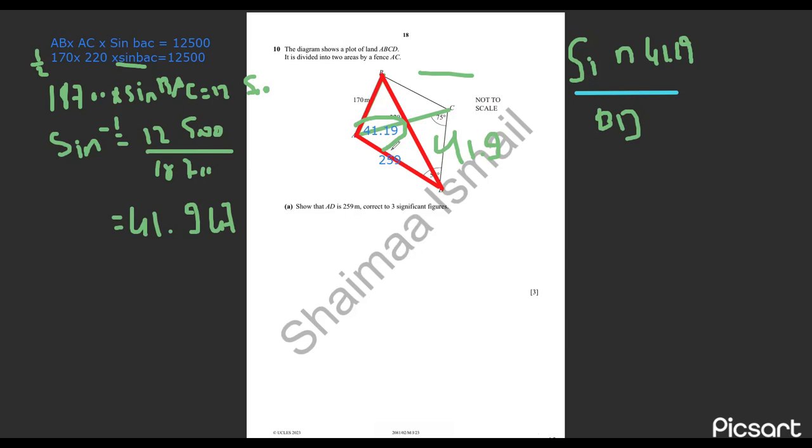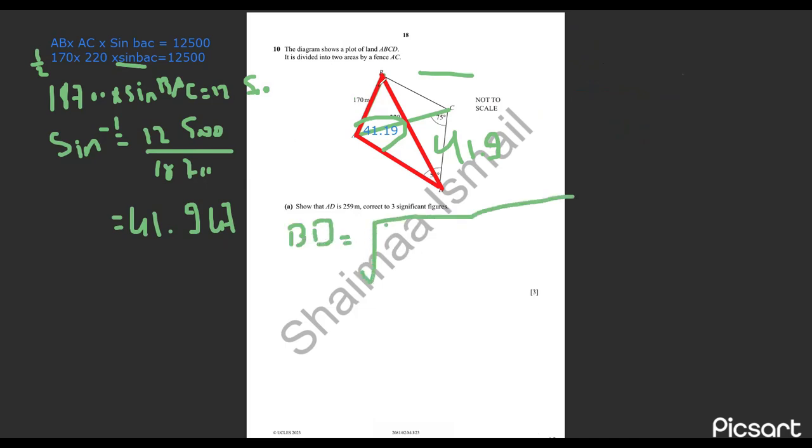Or here we can get it with the cosine rule because here it's easier for the cosine rule. Okay, so we say PD directly. PD is the square root of AB 170 square plus 259 square minus 2 multiplied by 170 multiplied by 259, multiplied by cosine 41.19, and in one go we're going to calculate.